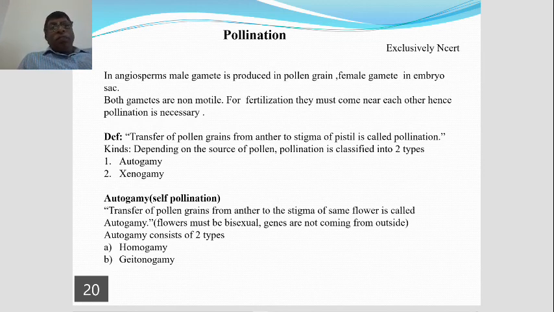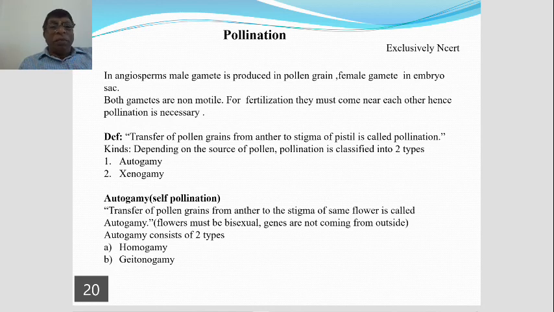For autogamy, the flower must be bisexual. Very important. Both stamen and pistil must be there. Another important point is that in self-pollination, the genes are not coming from outside. A very important point.